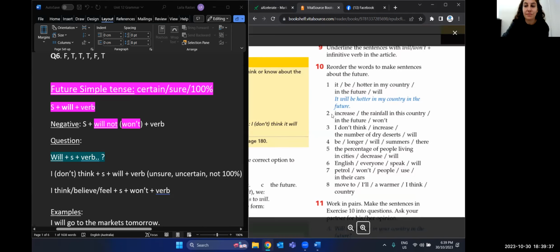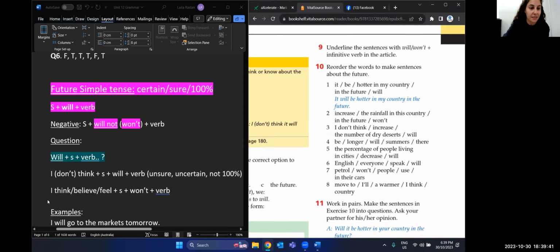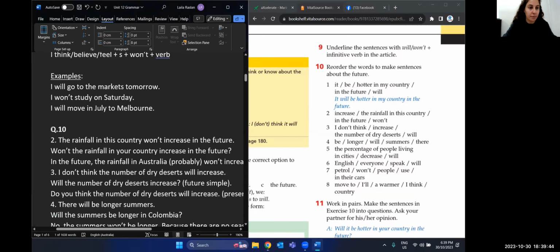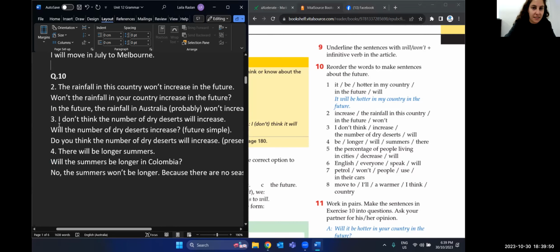Number 2, it's a negative. I can see won't, so we need a subject. So how do I make that sentence?